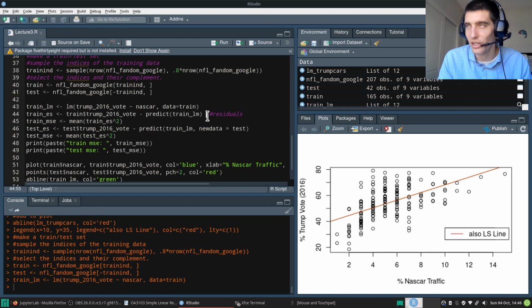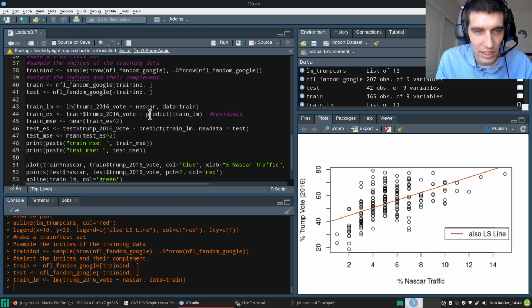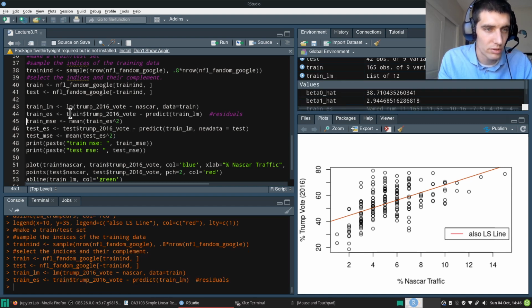We're going to see the predict function as we go later in the course, but it can be kind of finicky. If you apply predict to a linear model, it will predict on the X data used to build the model. So this gives me the prediction on the training set that was used to build the model.